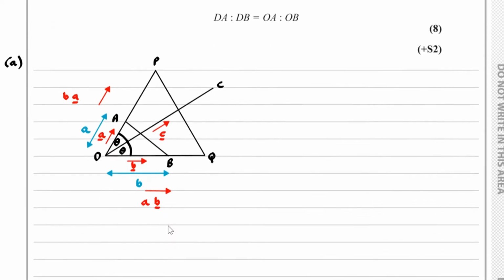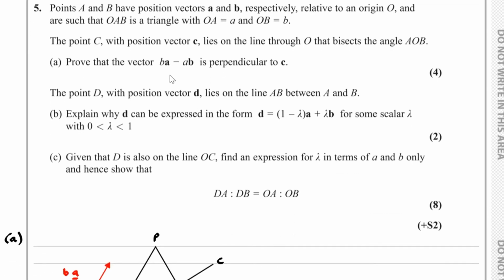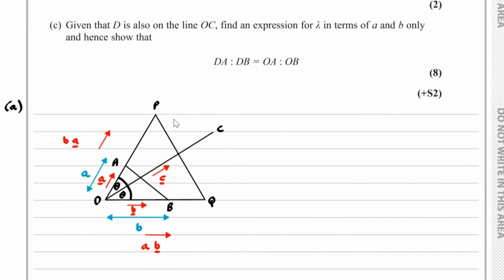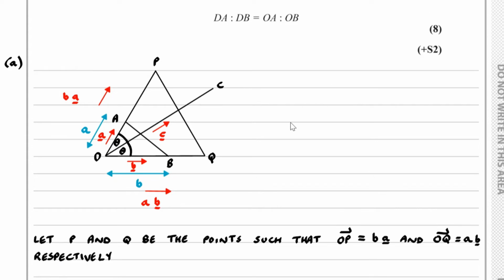And so therefore, if we find out what the vector b a minus a b is, that's equal to PQ. And what we want to do is show that PQ is perpendicular to c. So let's write down what we've done. We've let P and Q be the points such that OP is equal to b a and OQ is equal to a b respectively.